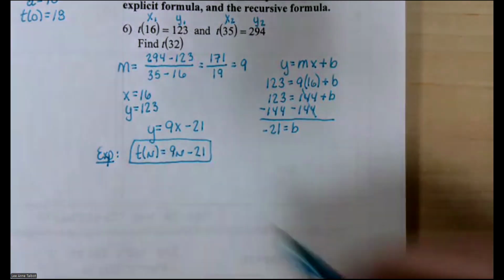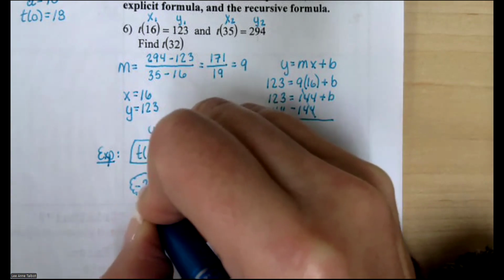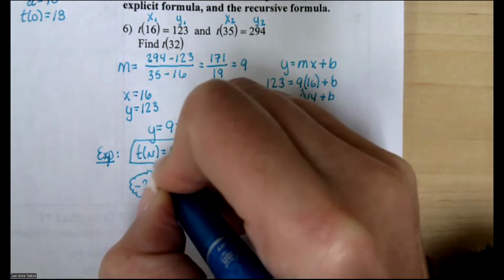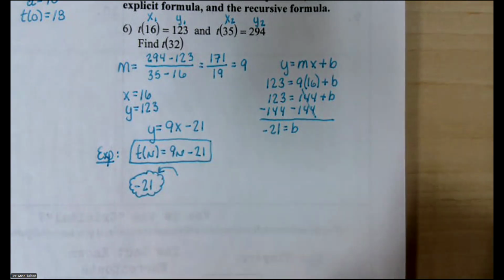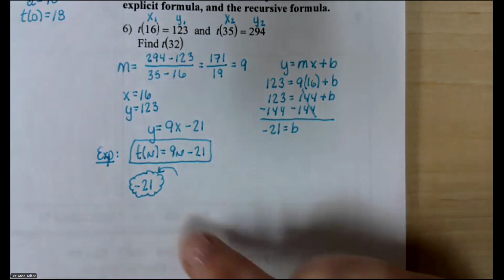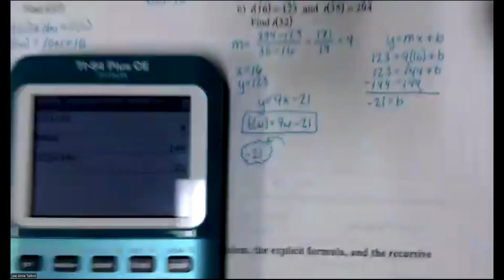Okay, so what I did was I put negative 21 sort of in a little cloud. Do you remember? Because it's not part of the sequence, it's in front of the sequence. So I put negative 21 in a little cloud, and then I said, okay, they're going up 9 each time.